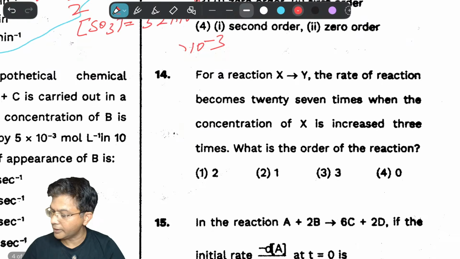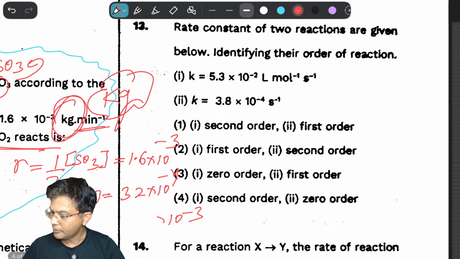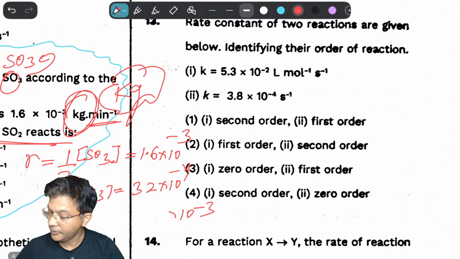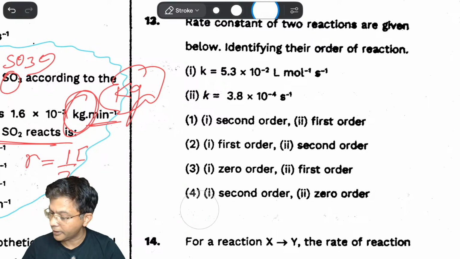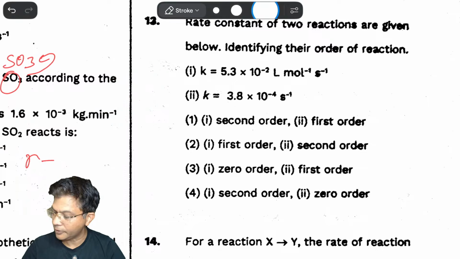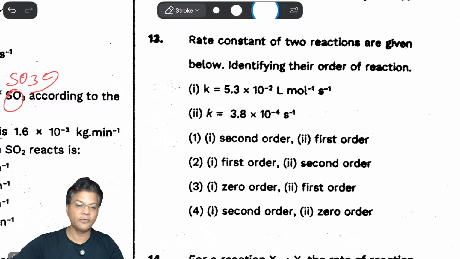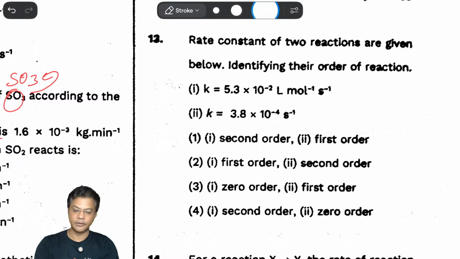Question number 13, because 12 will be a little bit on both sides. So let's come to question number 13. I hope it is visible to all of you. Just see to it.